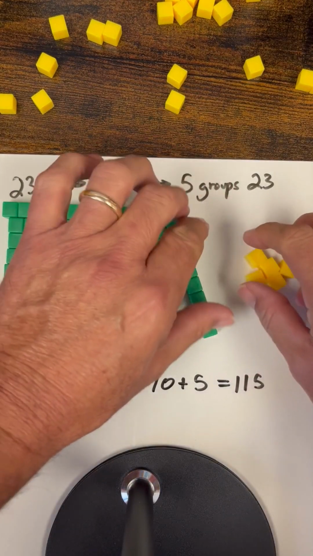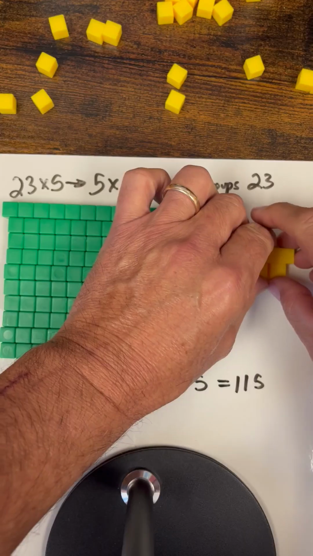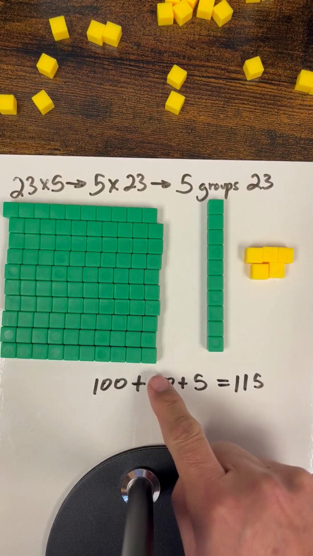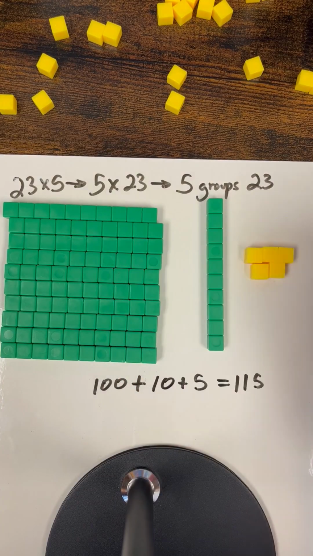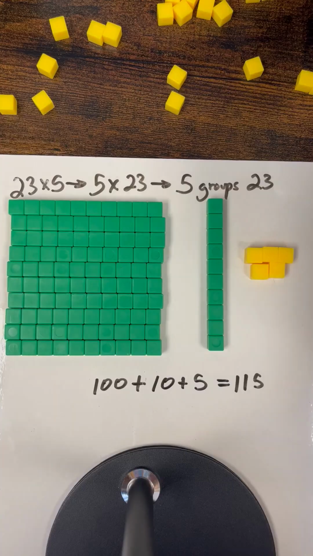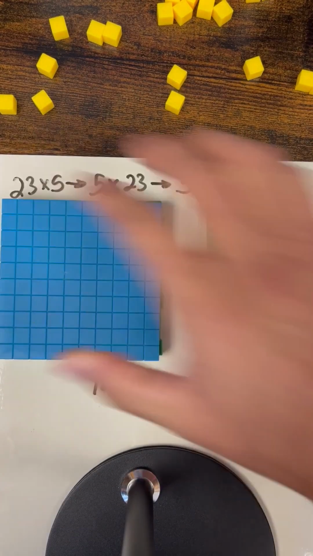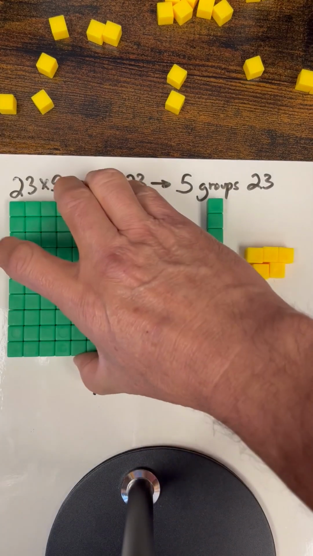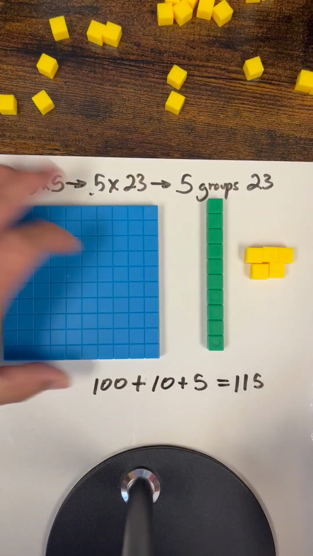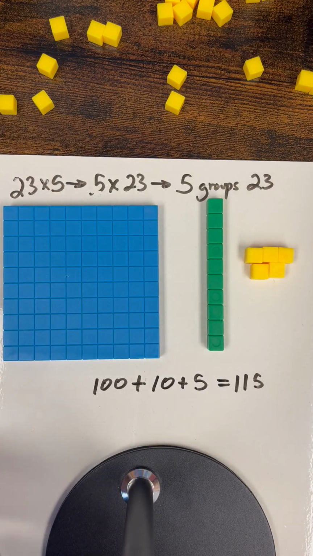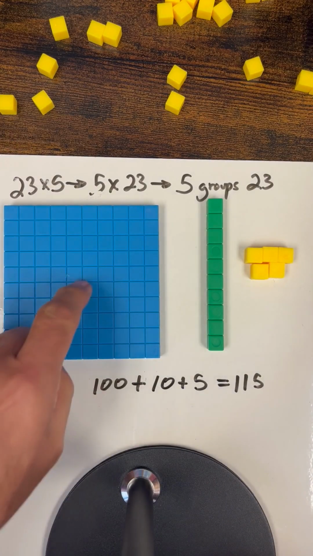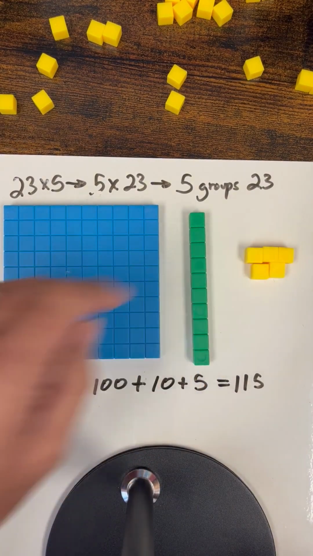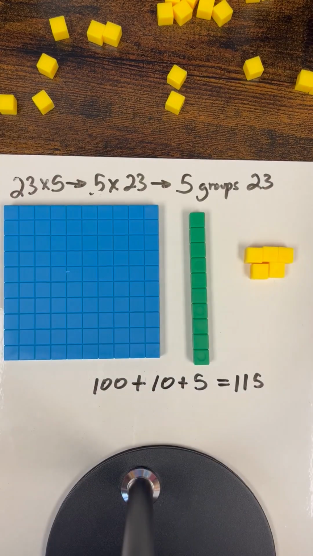So now I've got my 5 ones, my 10, my 5 ones, my 10, and then I've got 100 here, which is 10 tens. See that? It's equal. So I can get these out and make it 100. And I have my answer: 100 plus 10 plus 5 ones, 115. Ta-da!